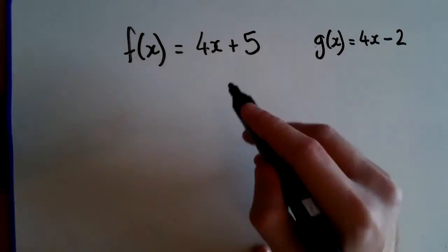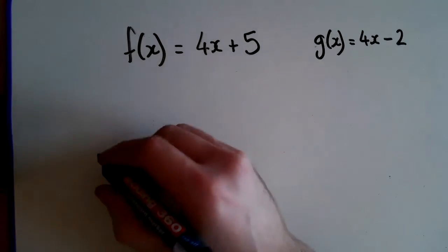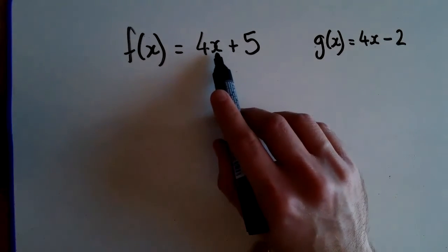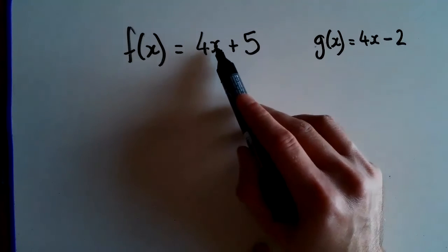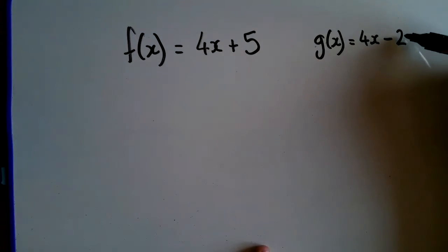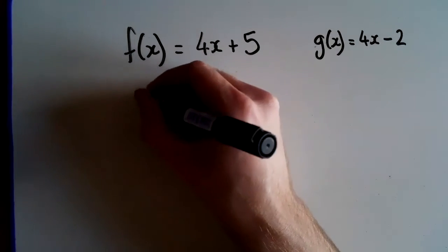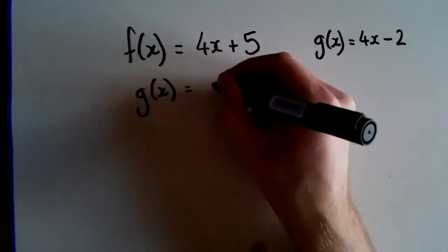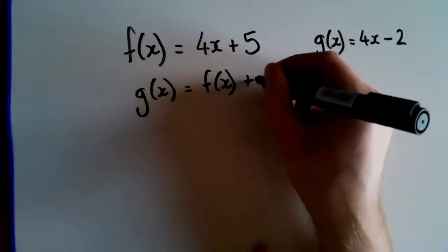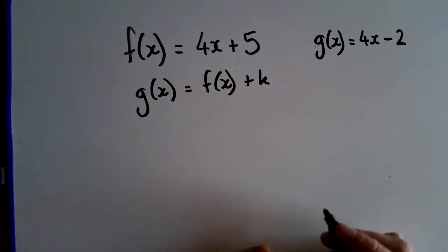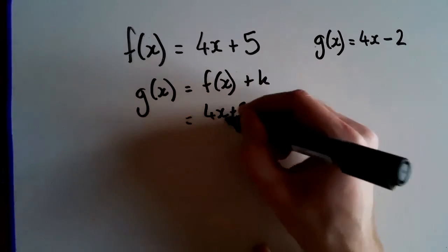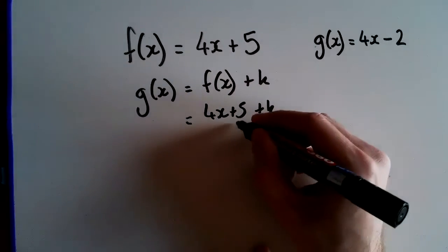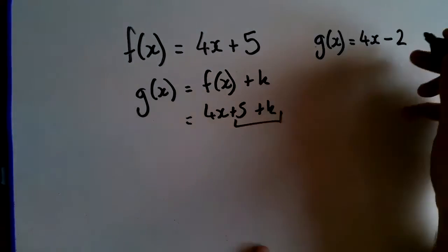So if it's a translation, then we need to check is it the x or the y that's changed. Well, to be fair, this one could be either, but it's probably easy to think of the y changing. So we think that g of x looks like f of x plus k. So if I sub that in, I get 4x add 5, that's my f of x, plus k, but I want this bit to equal -2.